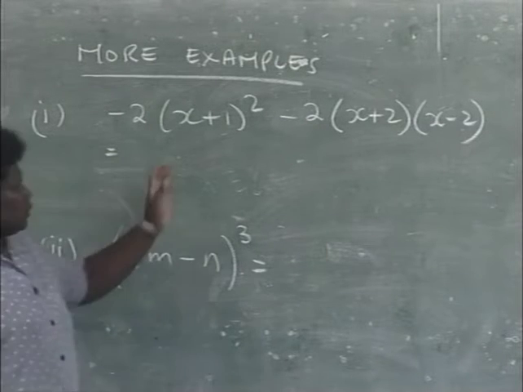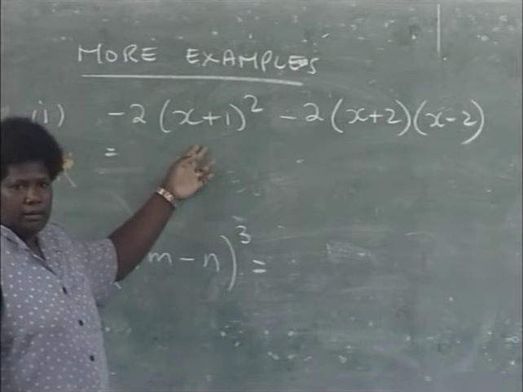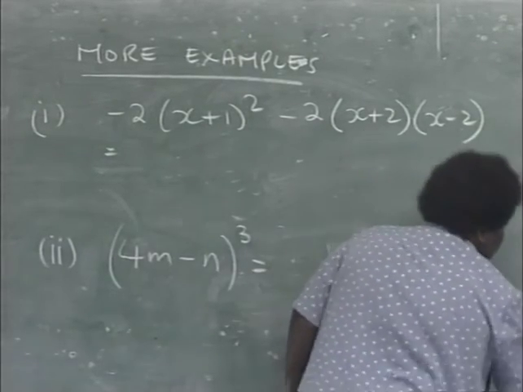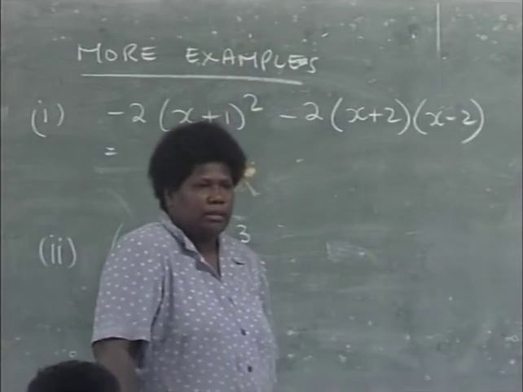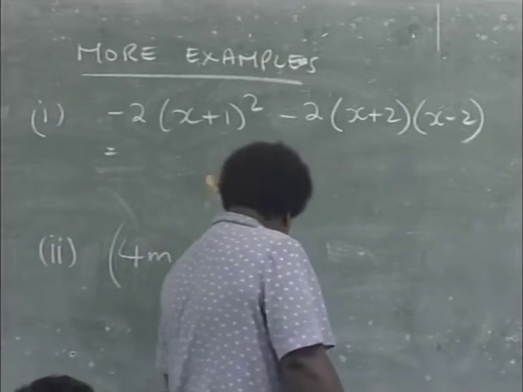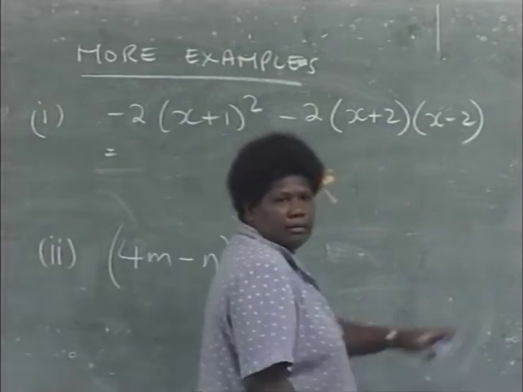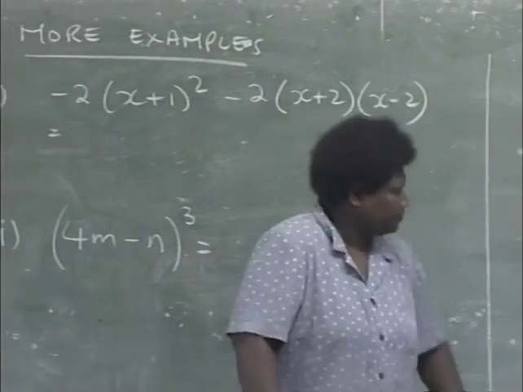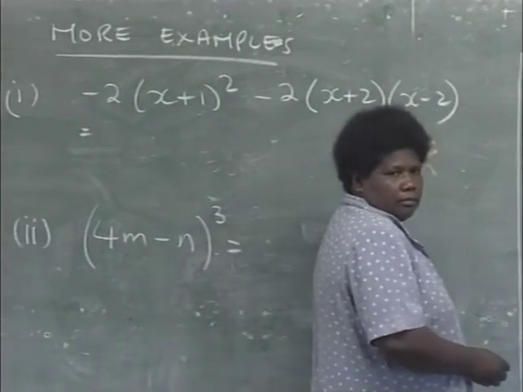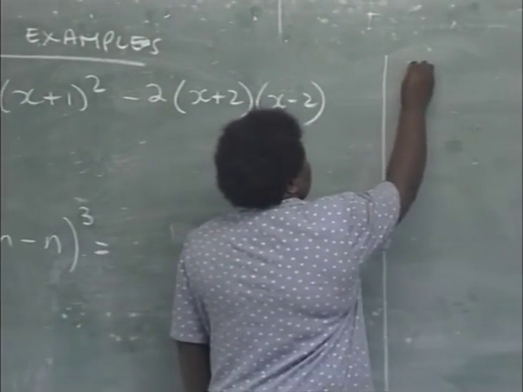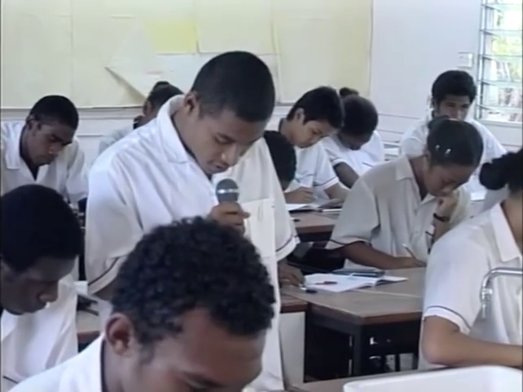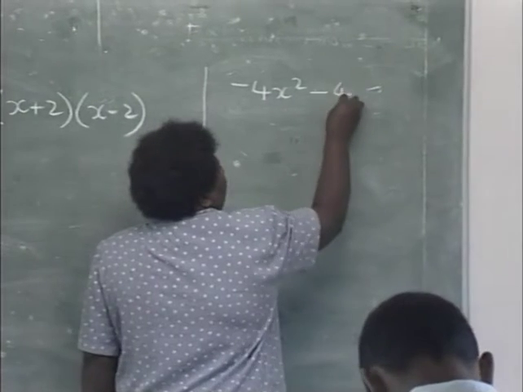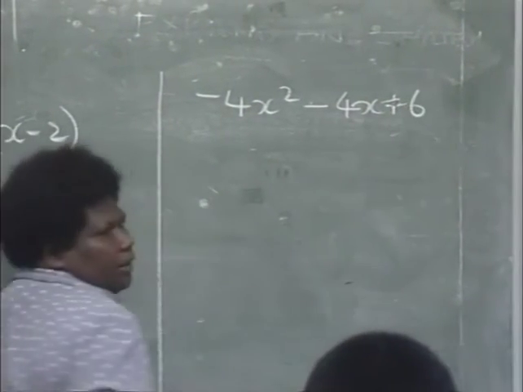Okay, I think most of you finished one. Finished? Okay, I want some answers, please, so that we can check which one is correct. Anyone with an answer or who wants to give us theirs? Negative 4x squared minus 4x plus 6. Anyone with a different answer?